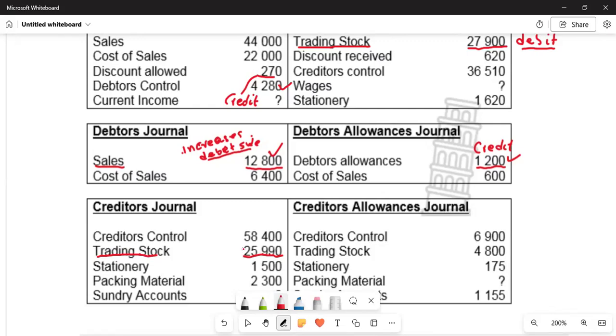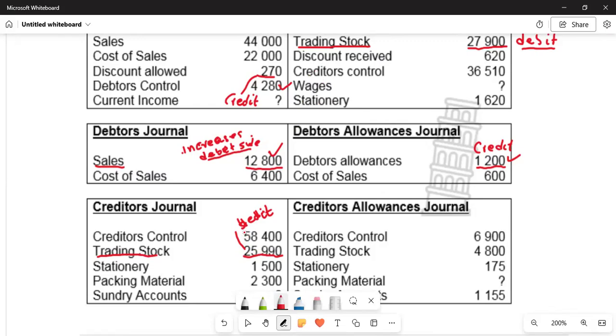So that is stock the same as the one that was bought with cash, or that was paid by cheque. Also, it is going to go on the debit side, because that is going to increase the debit side of the trading stock. We are going to buy stock. So that stock is an asset.